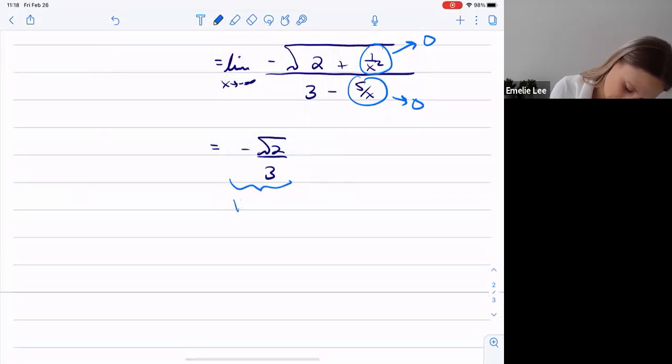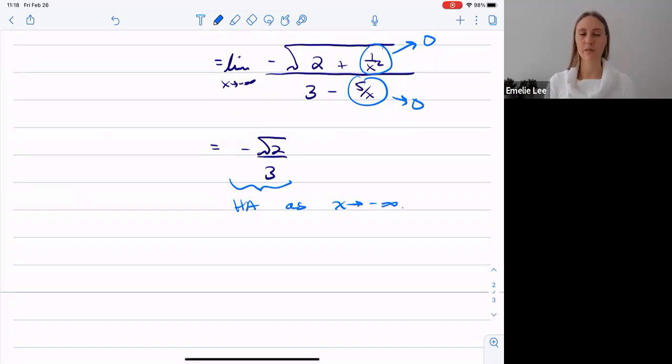This is the horizontal asymptote as x is going to negative infinity. So it's got this kind of positive negative situation. So that much we know about the look of this thing.